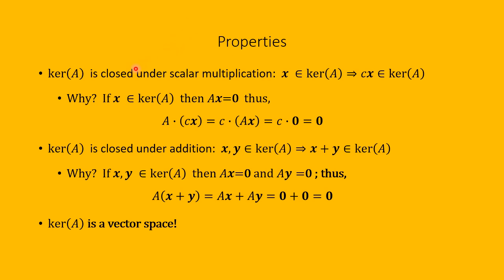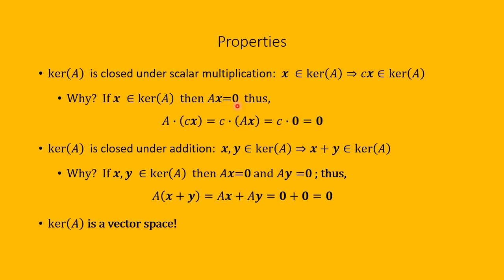Here are a couple properties of the kernel of A. First property, the kernel of A is closed under scalar multiplication. That means that if x is a member of the kernel of A, then a scalar c times that vector x is in the kernel of A. Why is that true? Well, let's see. If x is in the kernel of A, then by the definition of the kernel, that means that A times x is the zero vector.